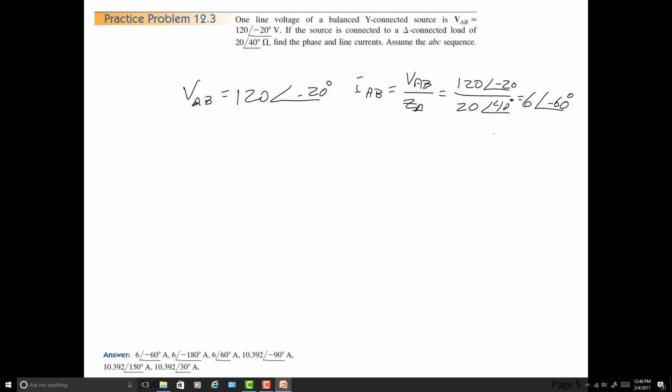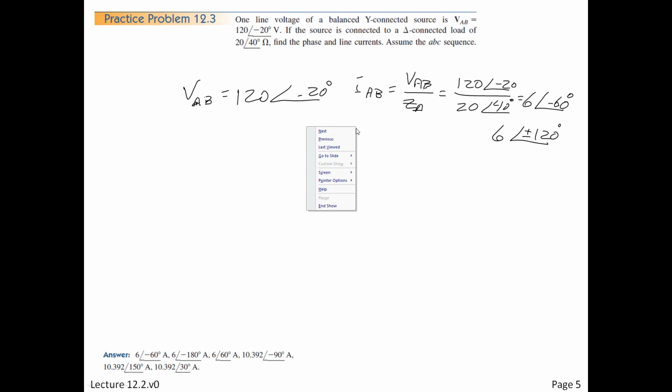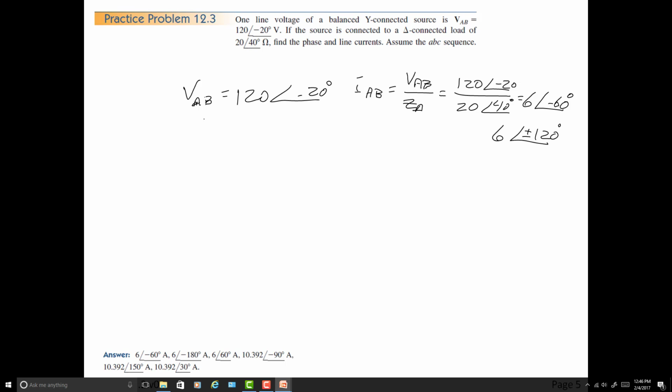The others will now be straightforward. 6 at basically plus and minus 120 degrees, right? So you'll have plus 60 and minus 180. All right, straightforward there. Now we need, those are the phase currents.